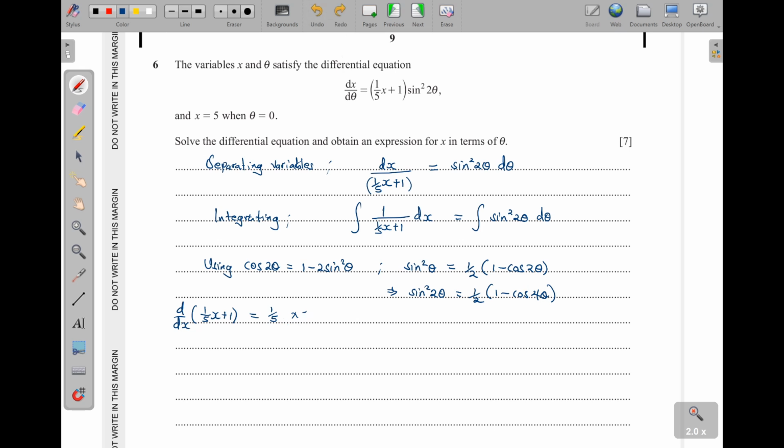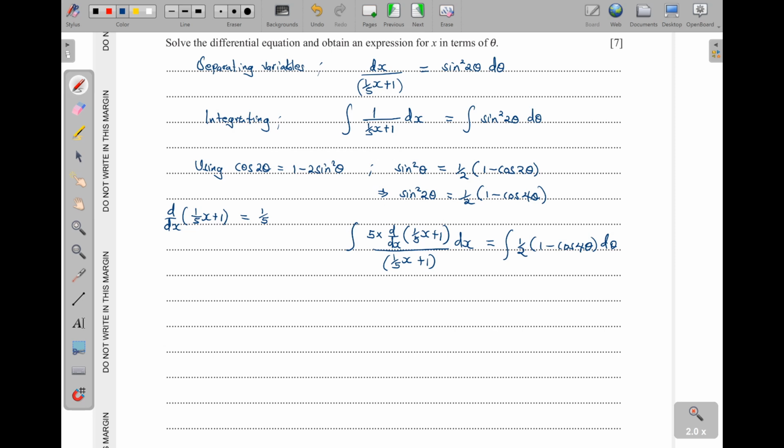Okay, in other words, we are going to have something like this: that 1 is the same as 5 times the derivative of what is down, 1 over 5 of x, then plus 1, with respect to x. Because this side now I can put a half into 1 minus the cosine of 4 theta, then d theta.